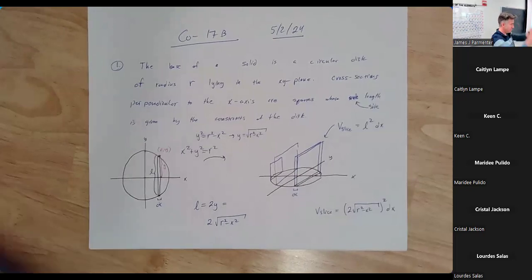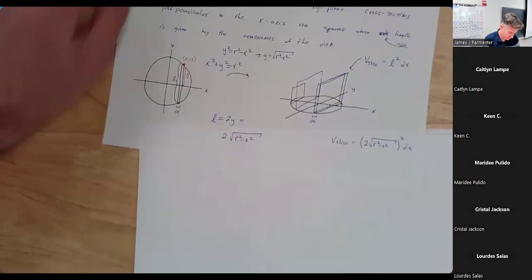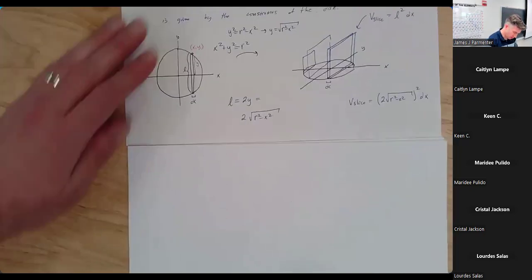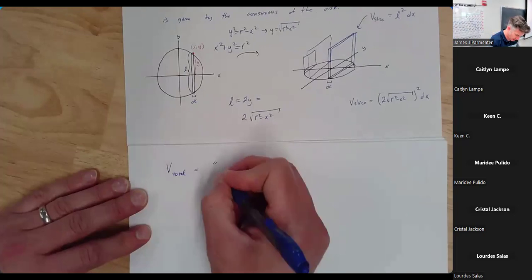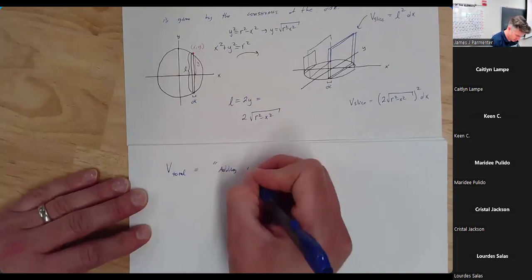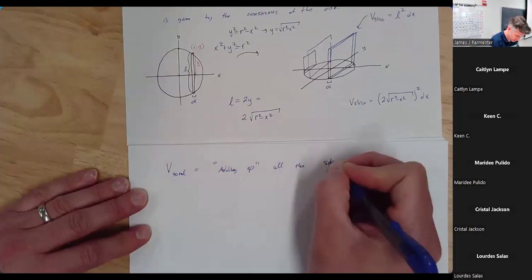It's a thick square. And just like every other time we've done this, whether we talked about the volume of a slice, a disk, or a washer, we're going to, quote unquote, add up all the slices' volumes by integrating. So of course I haven't left myself enough room here. The total volume we're going to get by adding up all the slices.